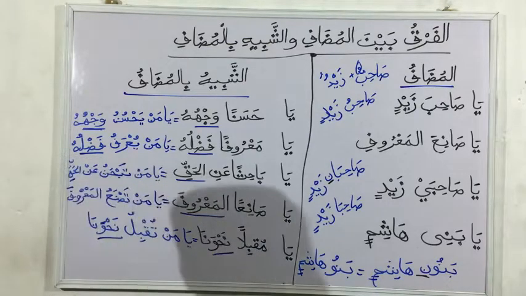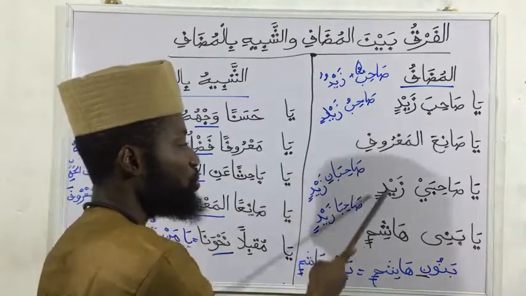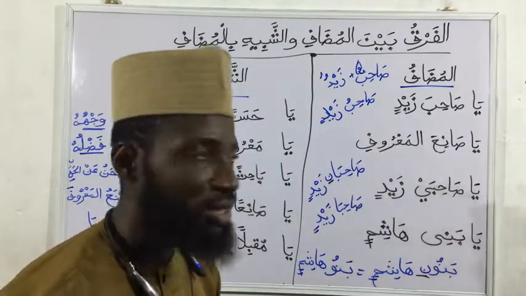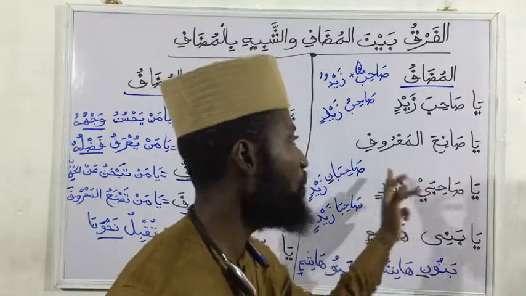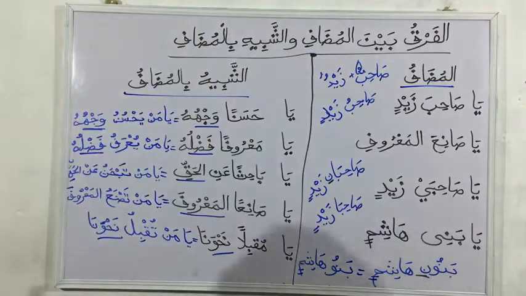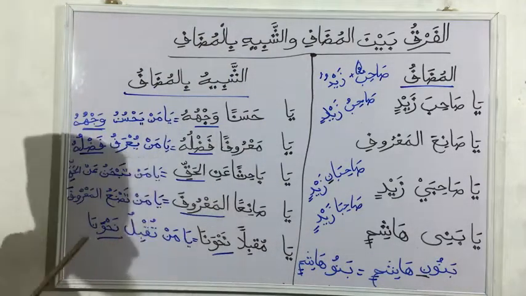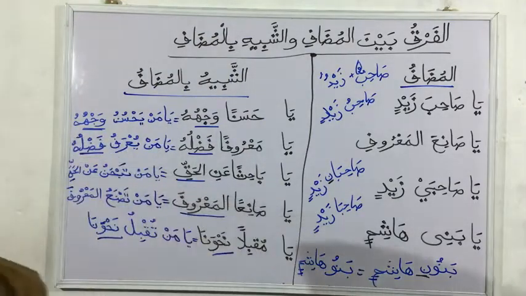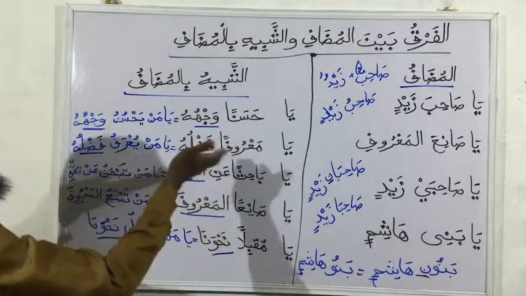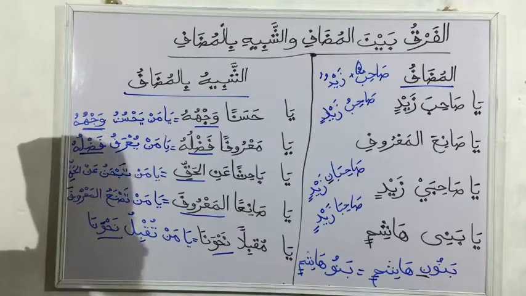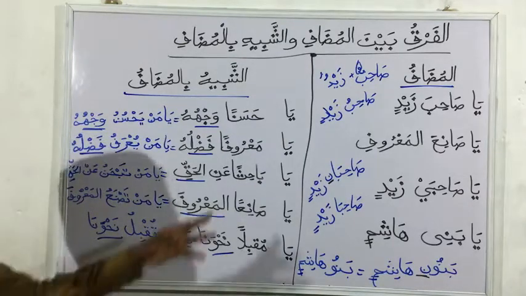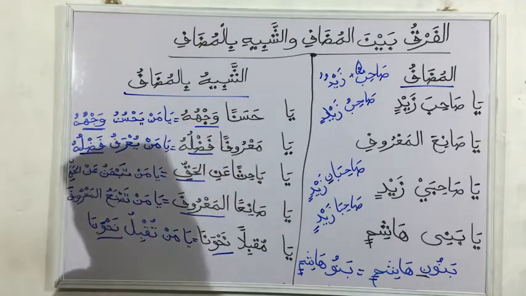While the mudaf will be majrur always, what comes after your mudaf will always be in jarr state. Your shabihu bil mudaf will always depend on the sentence structure. This is a lazim verb, so it can only produce a fa'il.